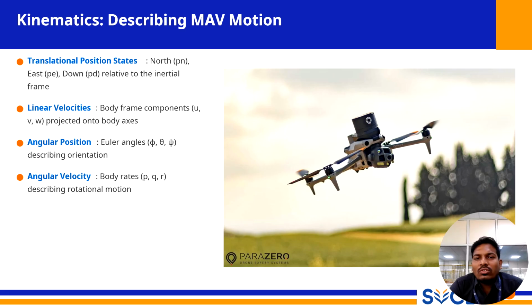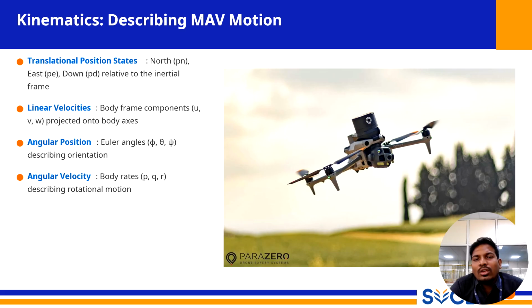Finally, just as we have linear velocity to describe how fast the drone is moving, we have angular velocity to describe how fast it is rotating. They are known as body rates, p, q, r. These three variables describe the rotational motion of the MAV.